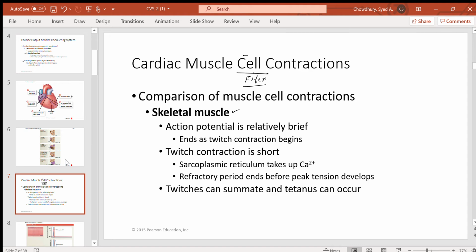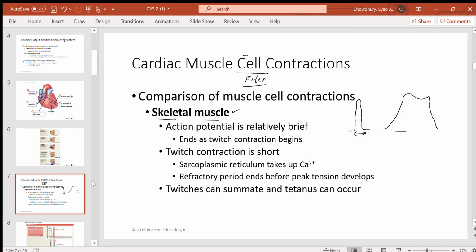In case of skeletal muscle, the contraction is very fast. So if you see the action potential, it is very steep, a sharp rise and sharp down. Okay, so the duration is very short, contraction is fast. And if you see the cardiac muscle, you will see that the cardiac muscle contraction takes longer time, slower, then goes down like this.